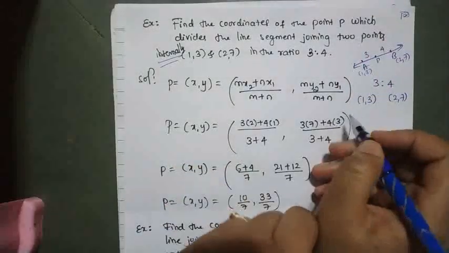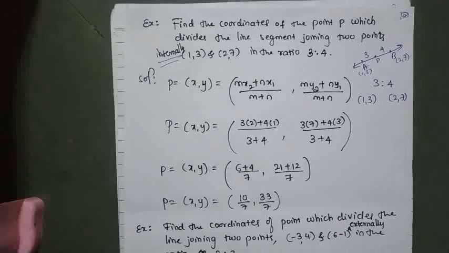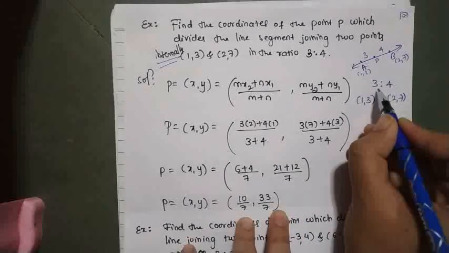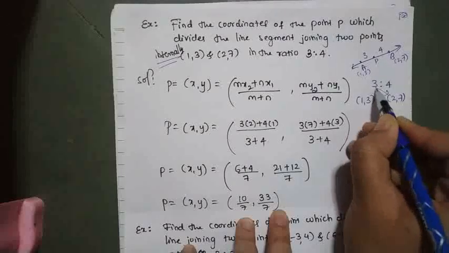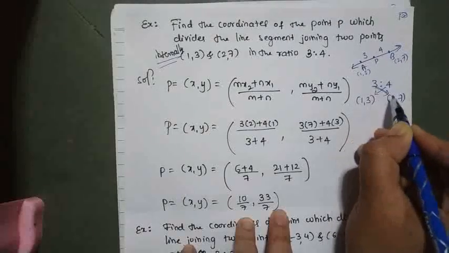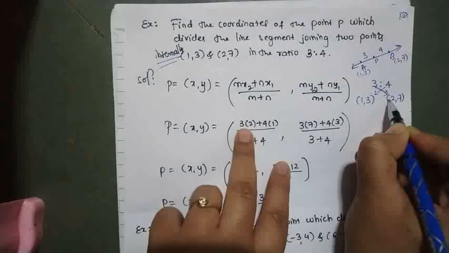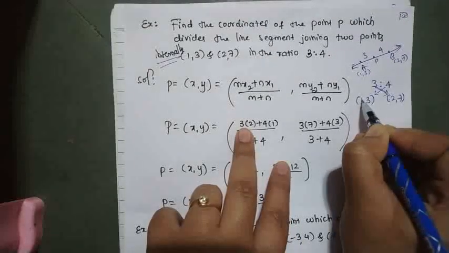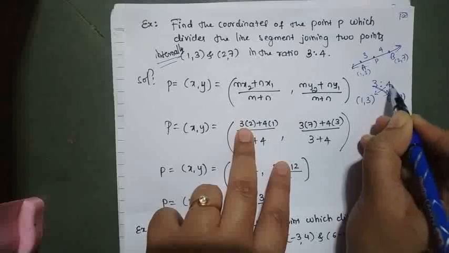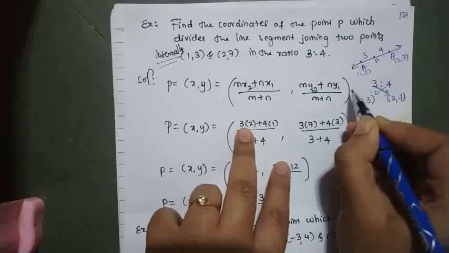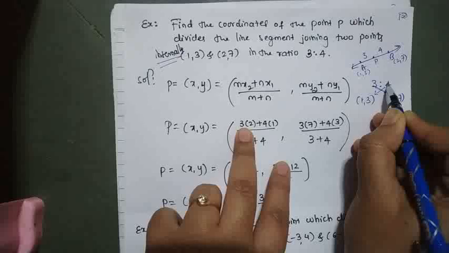Now what do you do? You apply the internal division formula. That is, P is equal to x, y which is equal to mx2 plus nx1 by m plus n and my2 plus ny1 by m plus n. So mx2 plus nx1 is 3 into 2 plus 4 into 1 divided by 3 plus 4.